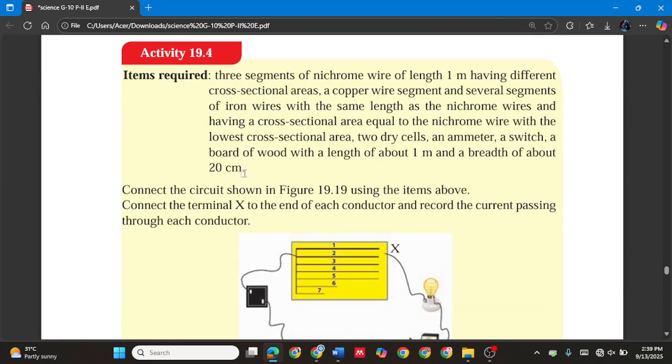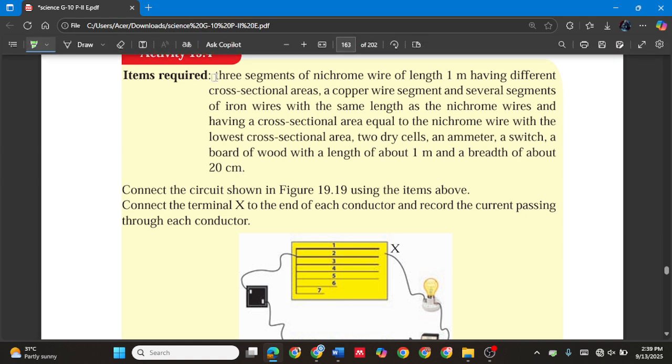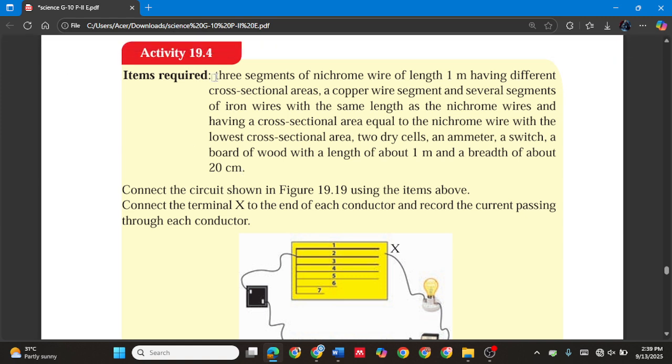So activity 19.4, items required: 3 segments of nichrome wire of length 1 meter having different cross-sectional areas, a copper wire segment and several segments of iron wires with the same length as the nichrome wires. Okay, what we are going to use? 3 segments of nichrome wire of length 1 meter. So all are nichrome, the same length but different cross-sectional areas.